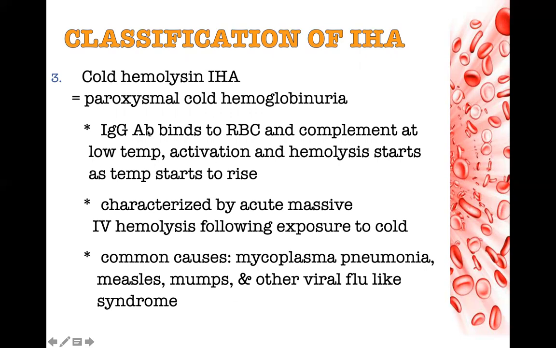So please take note that binding of RBC to the complement starts at low temperature, but activation and hemolysis start as the temperature rises. Again, common causes may also be seen in Mycoplasma pneumonia infection and other viral infections like measles and mumps. When it comes to SARS-CoV-2, we have not yet documented the presence of cold hemolysins.